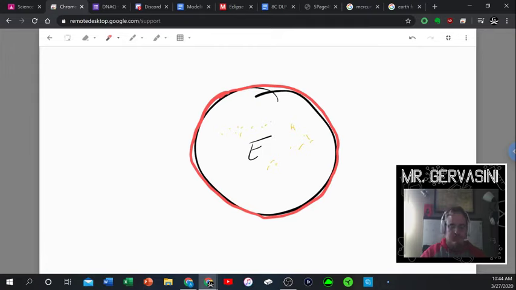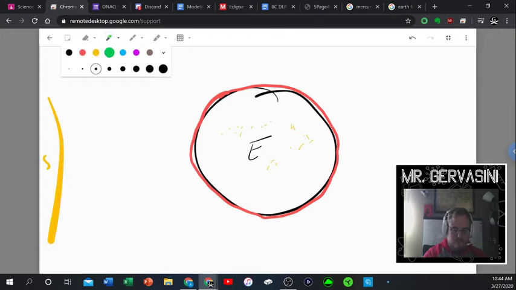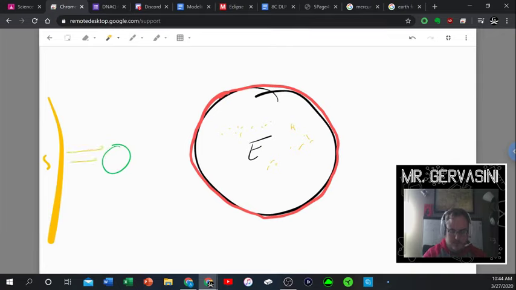And so really, if you're thinking about it from like a side point of view, the sun, Earth, that sunlight is hitting the Earth, but when it hits the atmosphere, it's going to refract.